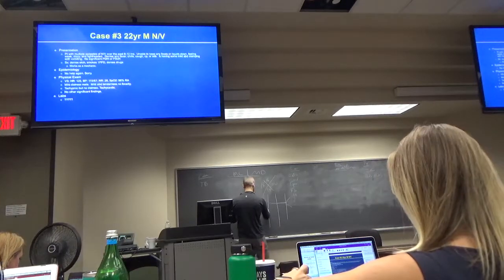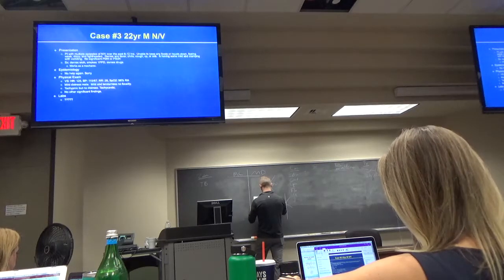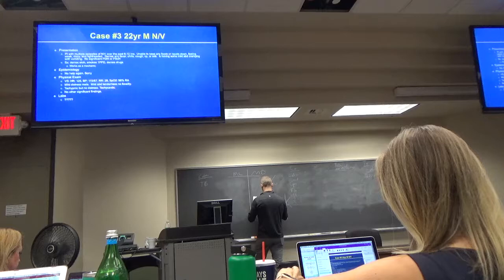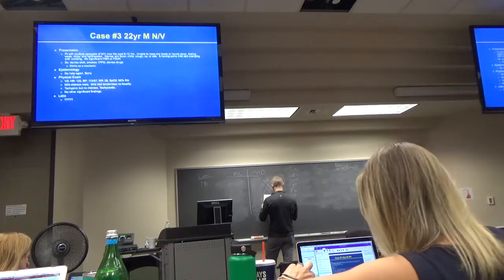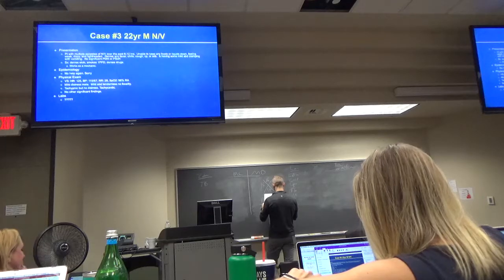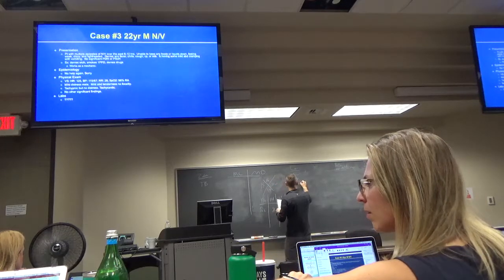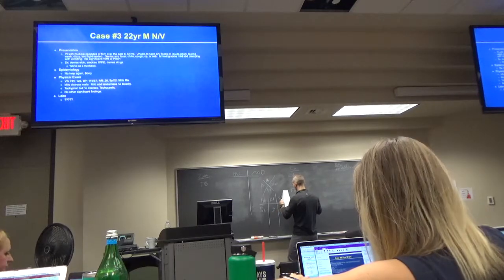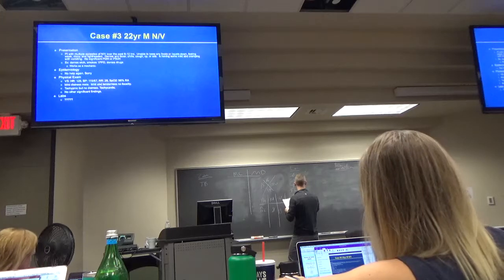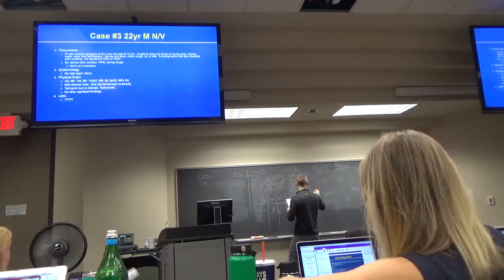Okay, 2.6. Chloride was 108. Bicarb was 8. BUN was 21. 1.3 creatinine. His glucose was 485. Lipase was normal. His flu was negative. His urine had 3+ ketones and 1+ blood.